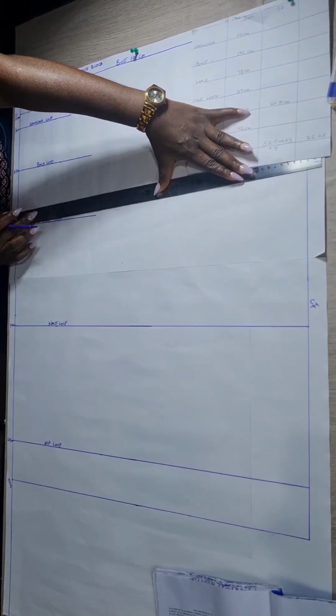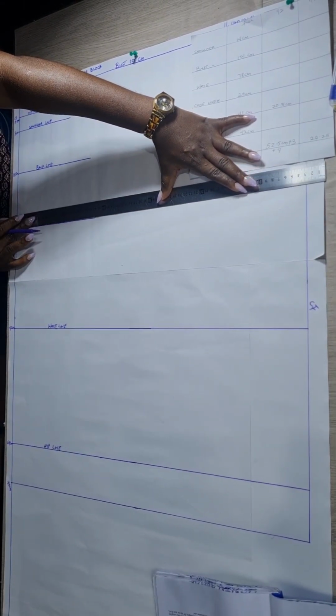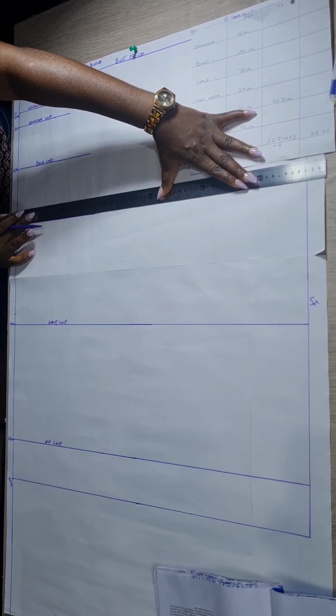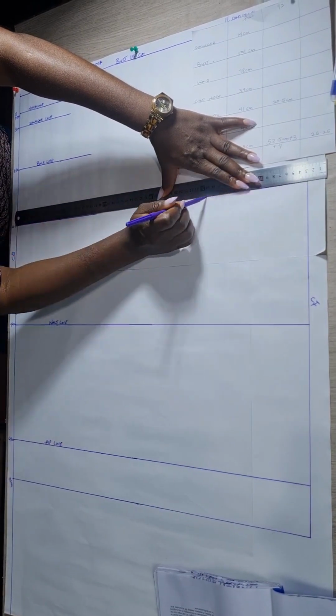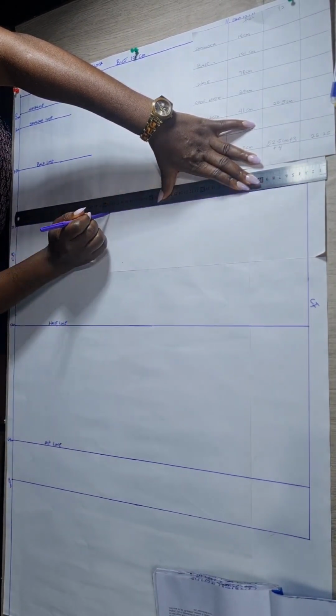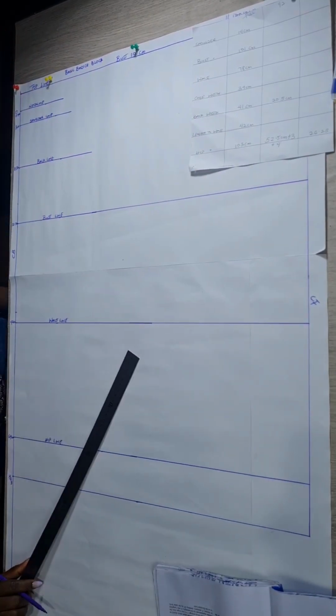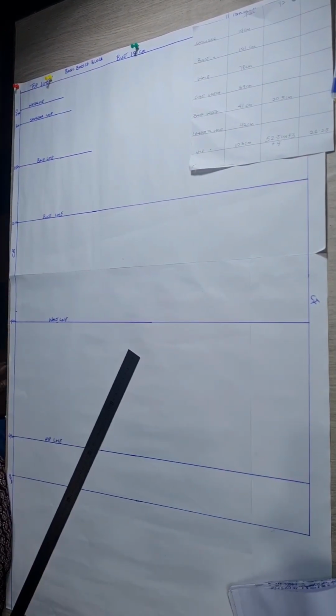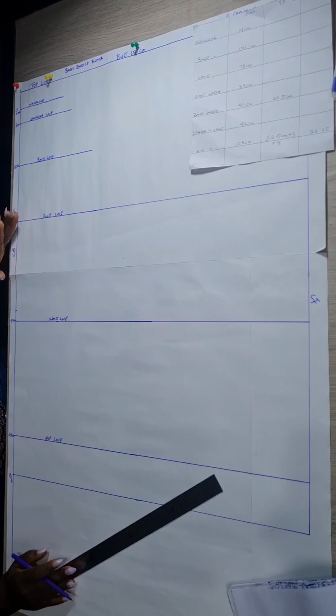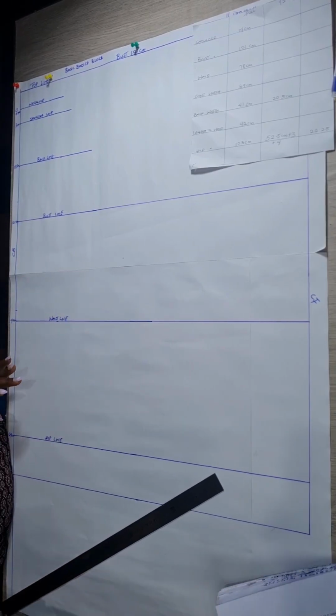And also extend my bust line to the CF. Okay, so now my waistline, hip line, and bust line have been extended to the CF.